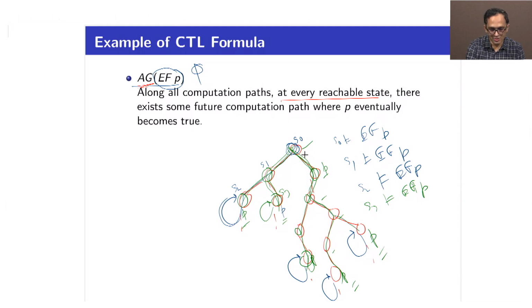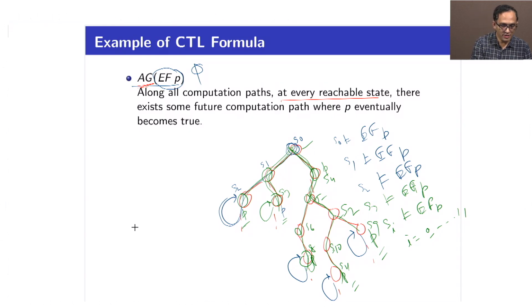So, that means all states in this part of the tree, let us say this is S4, S5, S6, S7, S8, S9, S10, S11, I can write that all Si satisfy EF P, where i is basically 0 to 11. So, if this is the scenario, I can write AG EF P, right, because in all computation paths globally EF P is holding, right. You have to understand this carefully, right, understood.